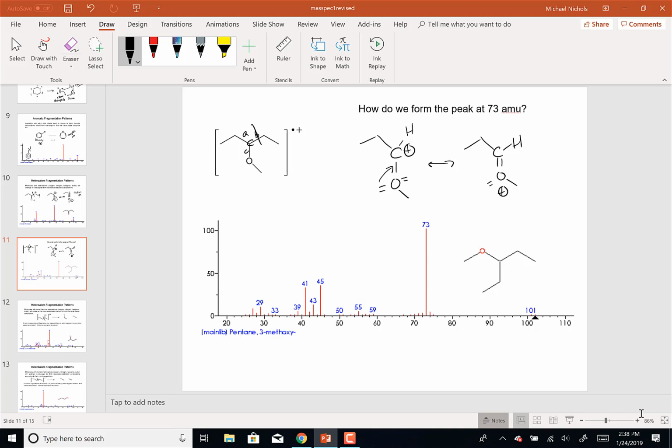There's my other resonance structure. So is that the most stable way to fragment it? Yes, it is. And I'm going to guess it probably weighs what? If nothing else, I know I lost 21. So in our alpha cleavage, we've got to have the carbon-heteroatom intact, and I'm going to cleave something attached to that.